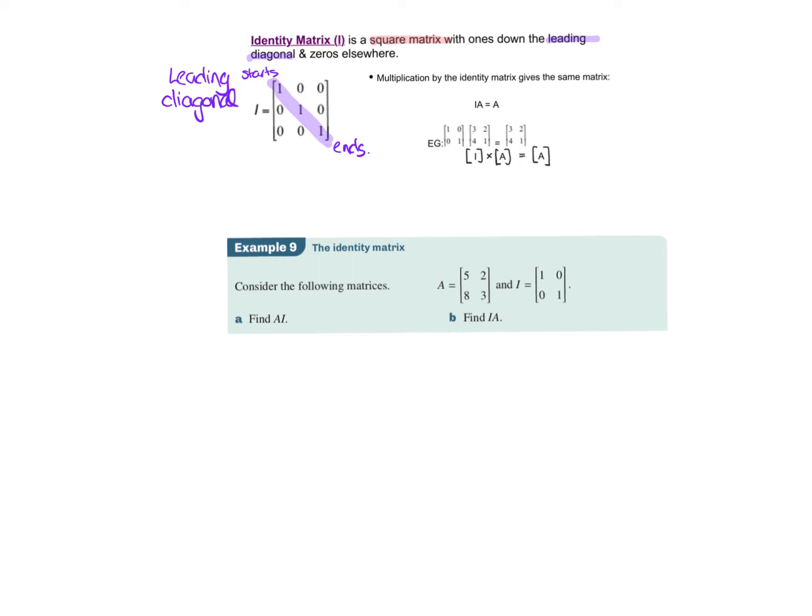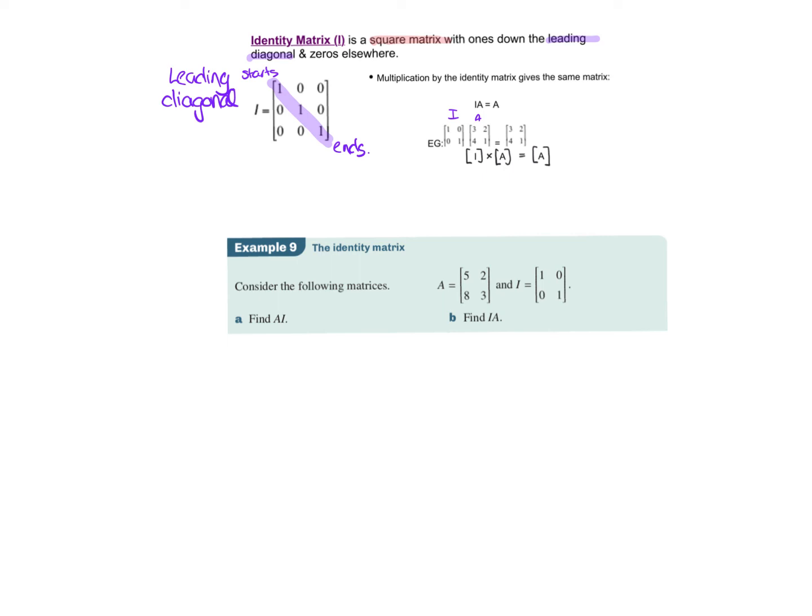If you times something, so you can see here, we've got the identity matrix, a 2 by 2, and it gets multiplied with this other matrix which they're calling A. An identity matrix is like the number 1. If you times anything by it, you'll end up with the same answer.